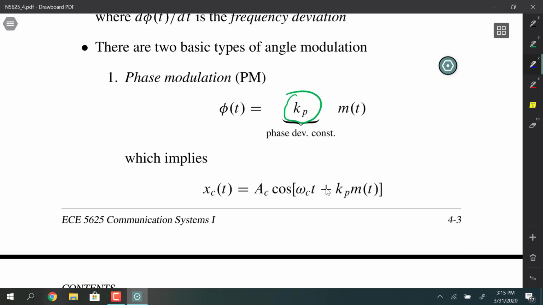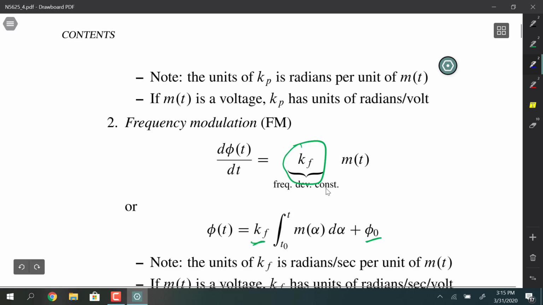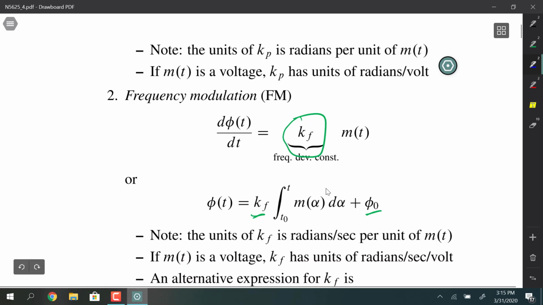Kp is that deviation constant, and Kp simply converts the units of m of t into the units of radians. The second type is frequency modulation, where you make the frequency deviation proportional to the message. So you have a constant Kf, which converts the units of m of t into radians per second. So just a little comment here.